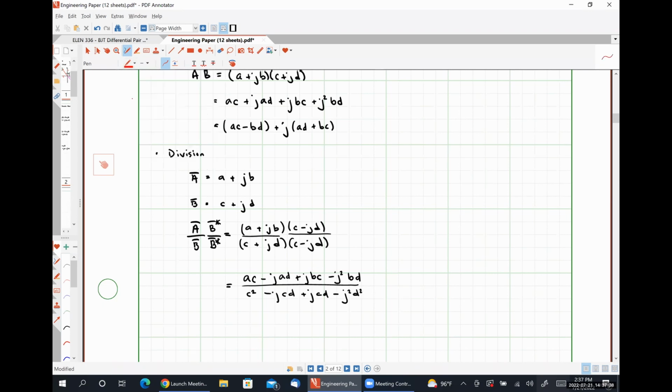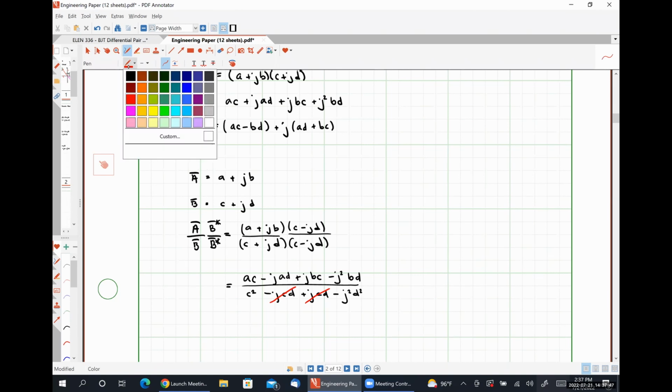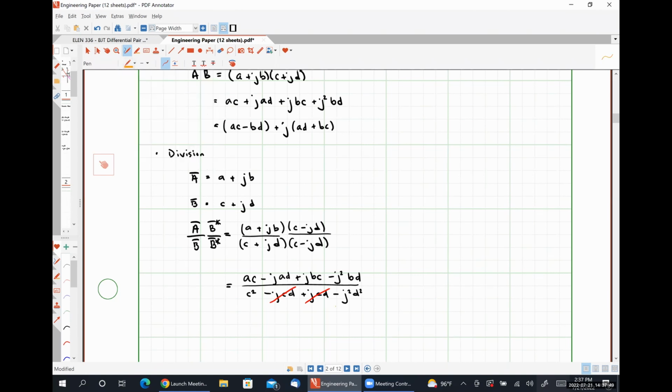So minus JCD and plus JCD cancel each other out. This term right here of minus J squared looks like plus 1. This term up here of plus J squared also looks like plus 1.